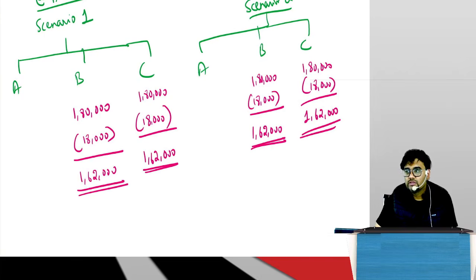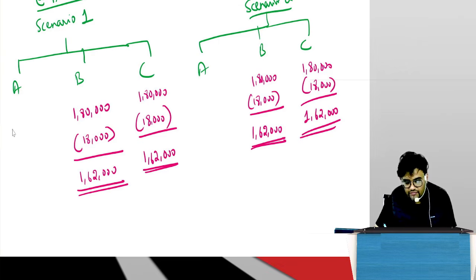Building number 1, what was the WDV at the end of year 1? 1,80,000. It is sold for how much? 1,44,000. Is it a profit or a loss? Loss. How much will the loss be? 1,80,000 minus 1,44,000. What's the loss? 36,000.